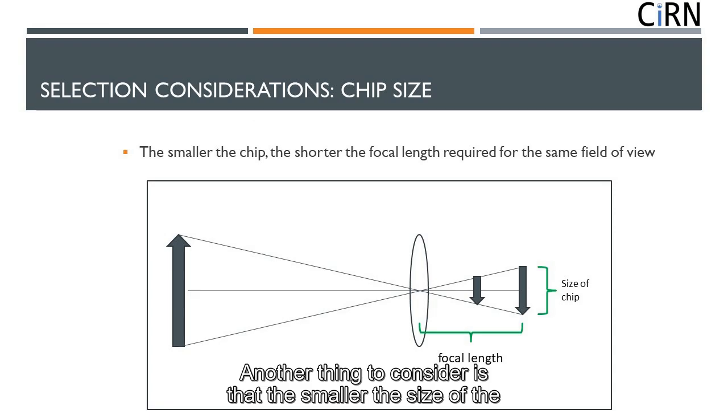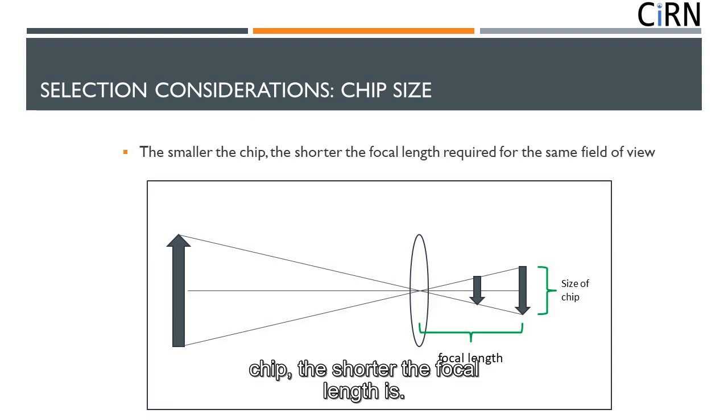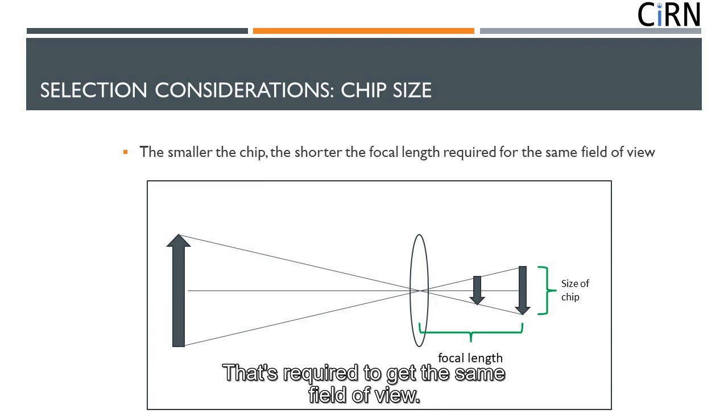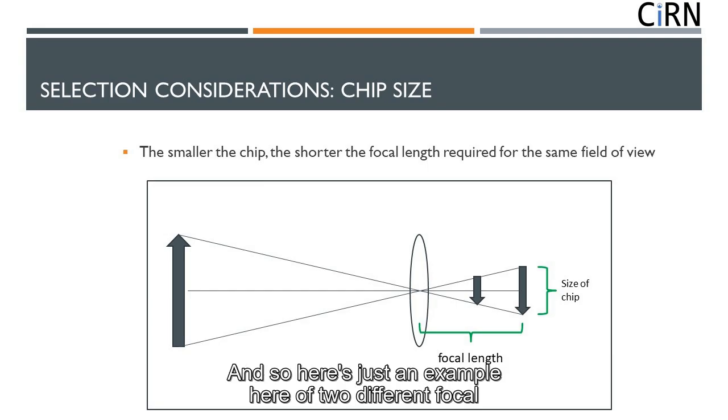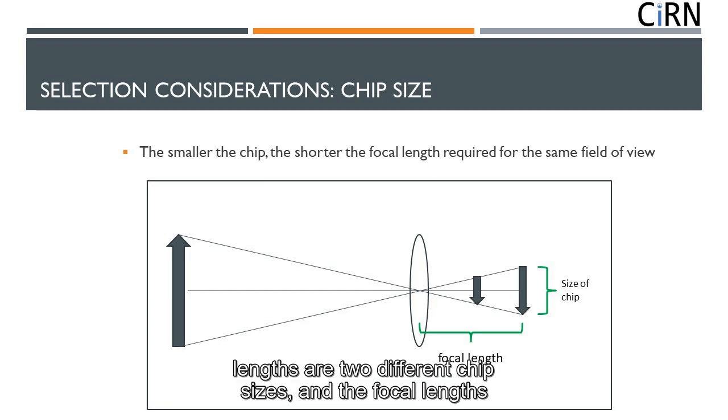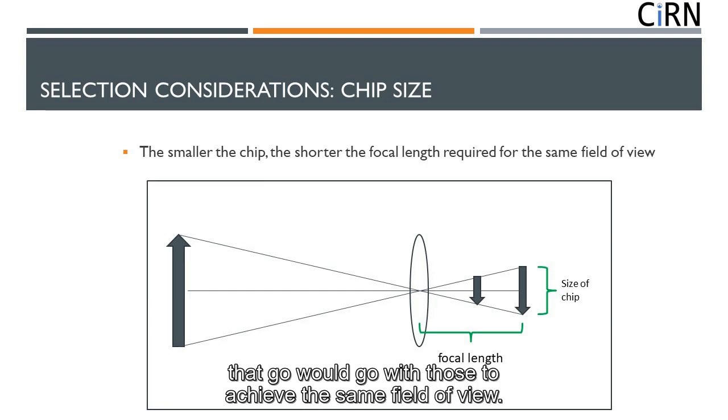Another thing to consider is that the smaller the size of the chip, the shorter the focal length that's required to get the same field of view. And so here's just an example of two different focal lengths, or two different chip sizes, and the focal lengths that would go with those to achieve the same field of view.